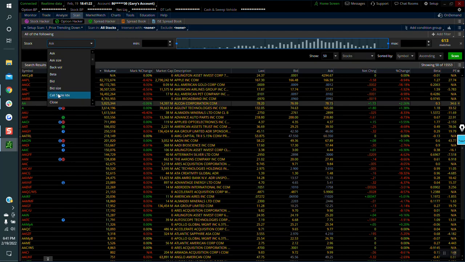Bid size. Then you can go with this call sizzle index or the put sizzle index. See if they're really active calls, really active puts on a particular security based off of your watch list. Okay. So that is last high front volatility. That means the options that are expiring like this week, are they getting really high implied volatility premium in those options?